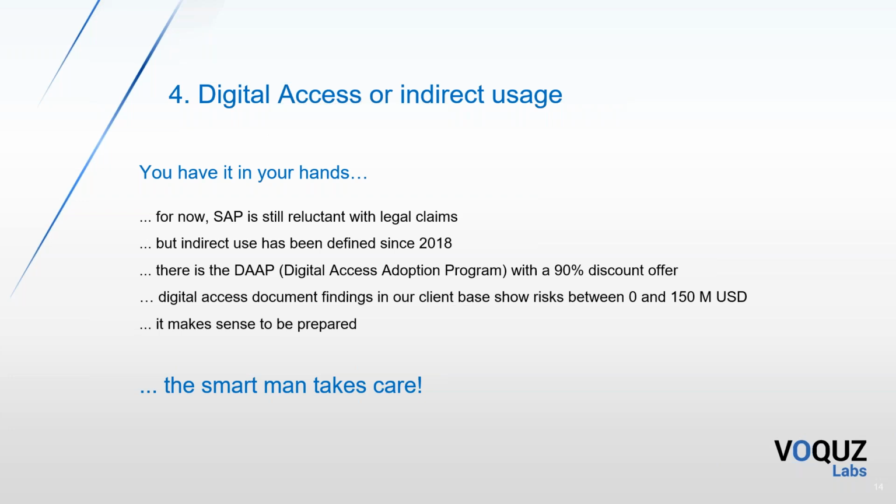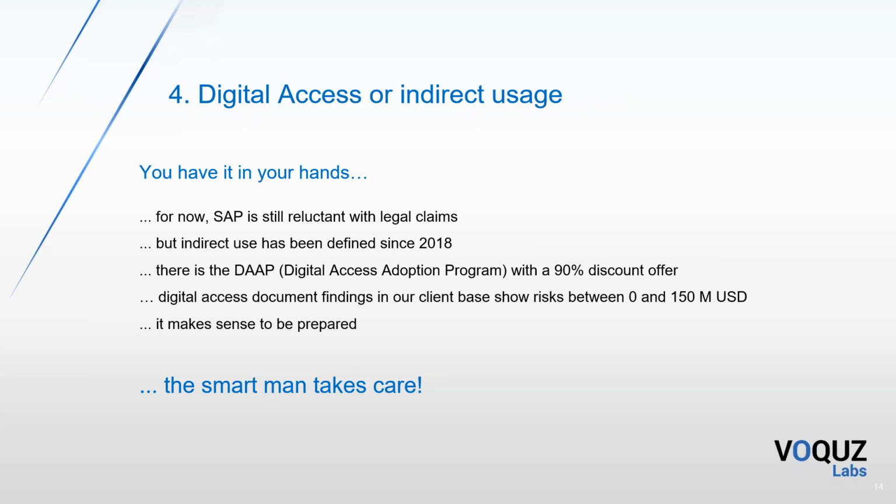Now, what we see today in our digital access document findings in our client base, those clients where we have done a digital access risk assessment, is a licensing risk that starts at $0 US and goes up to $150 million US.